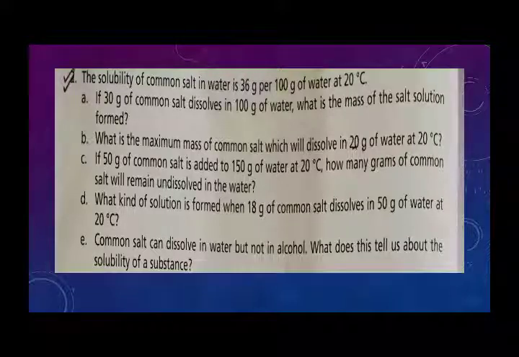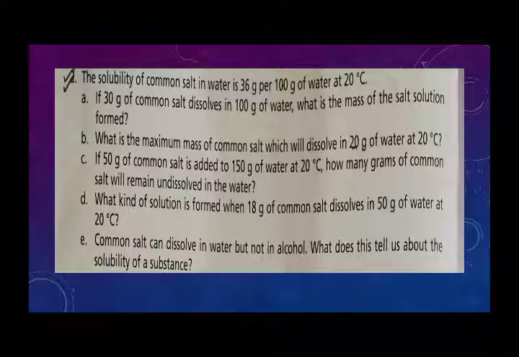In part D, what are you going to do? They are asking what kind of solution is formed when 18 grams of common salt dissolves in 50 grams of water at 20 degrees Celsius. Here it is again a simple calculation: they are decreasing the quantity of water as well as the quantity of common salt, but they are not changing the temperature.